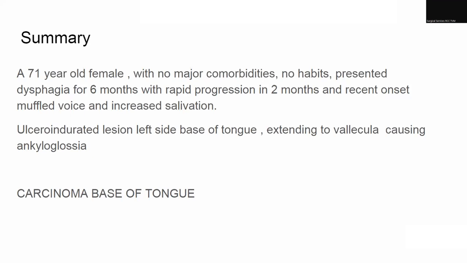It should be more than 3 years to call it a second primary, and it should not be on the same subsite. A minimum of 2 centimeters of normal mucosa should be present between the other site, and if it is on the same site, it should be more than 3 years. Time period. And anything about the histology?